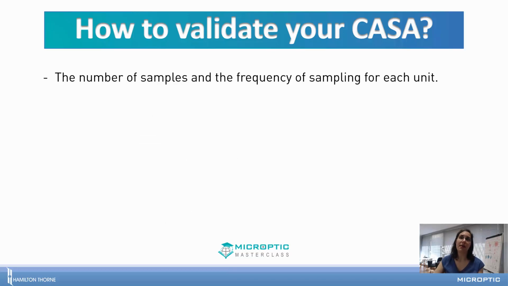A very controversial point is defining the minimum number of samples to be considered in the validation process. Most validations assume close to 30 to 50 samples to consider the results obtained as robust.